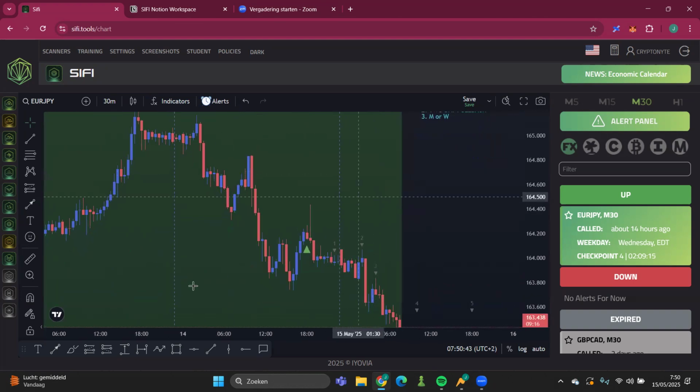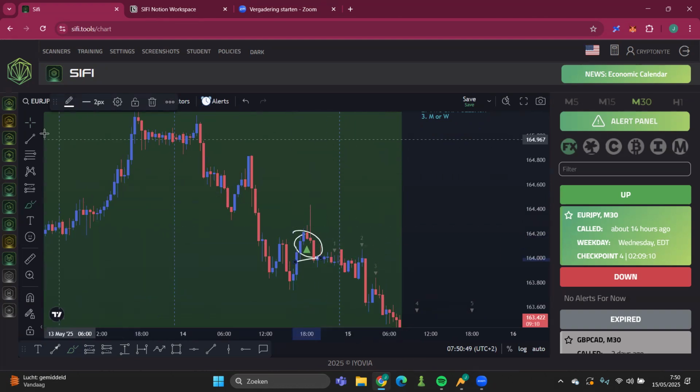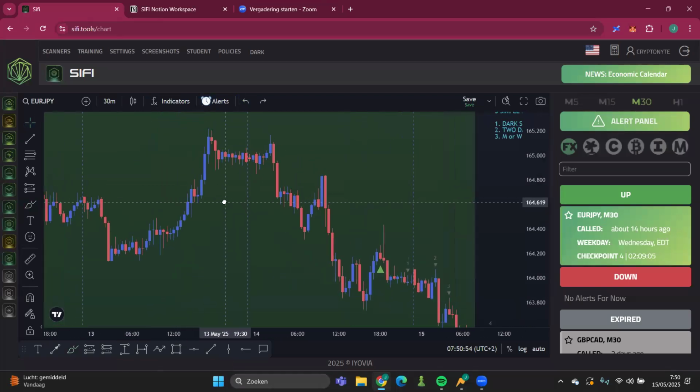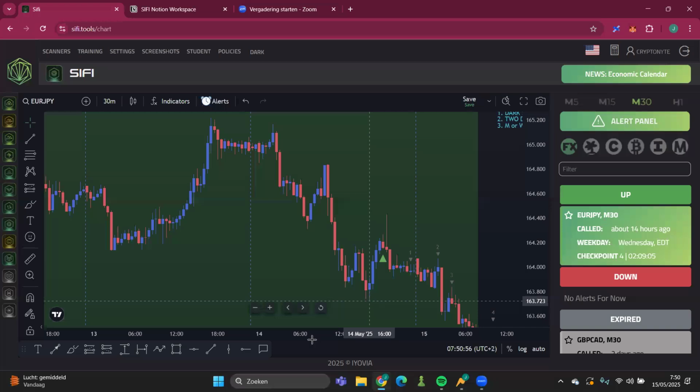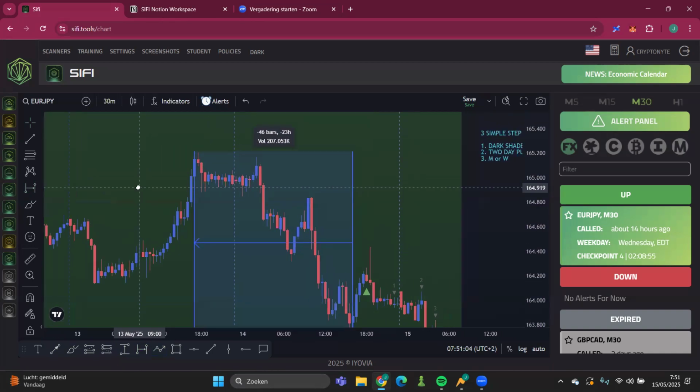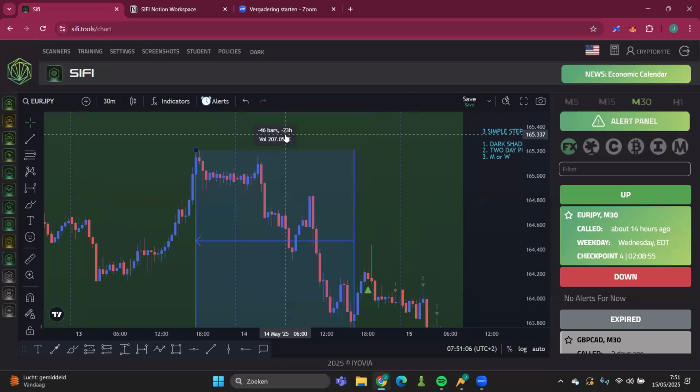Now, let's go over these first 3 steps on this example right here. Do we have step 1, dark shade arrow? Yes. Do we have step 2, a 2-day pullback? I'm going to go from the lowest point just before the arrow till the most recent high point, which is 23 hours.